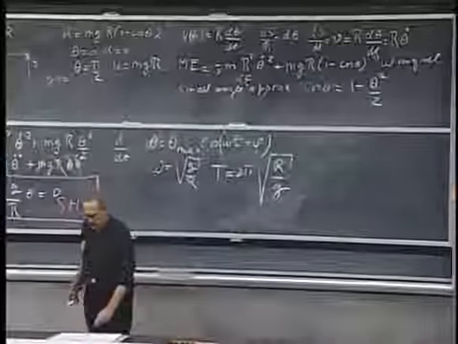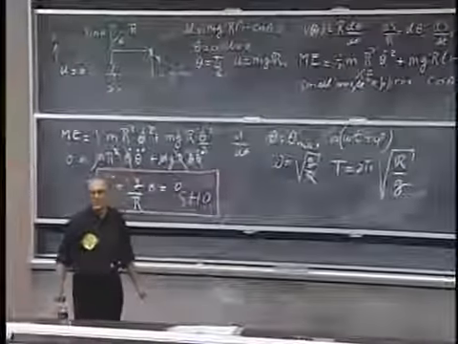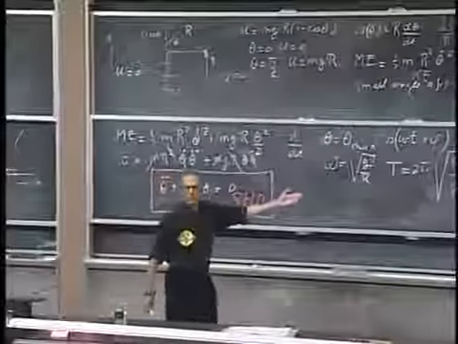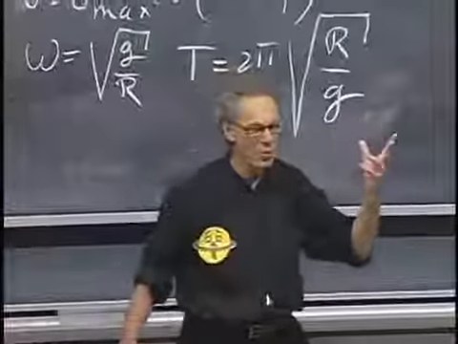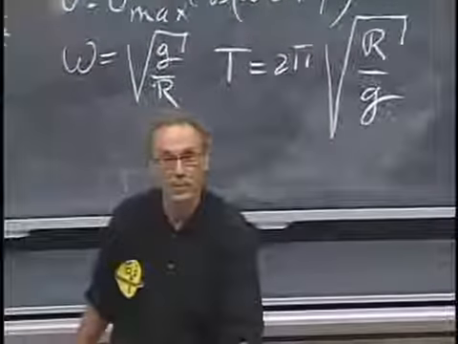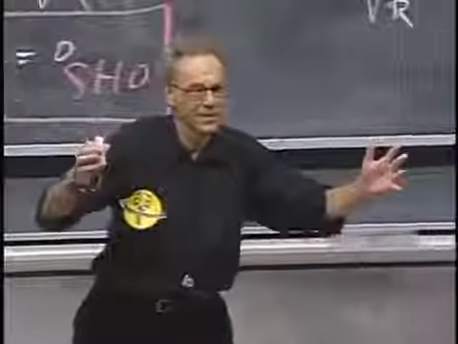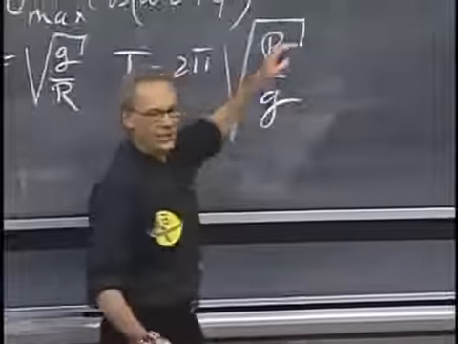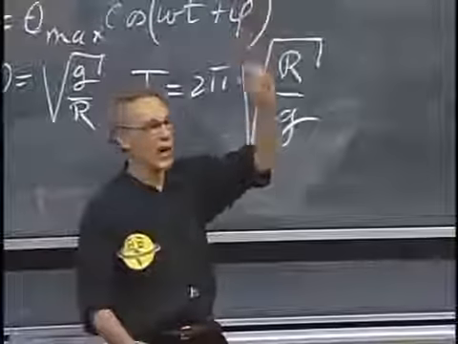And when you see that, you say, hey, I have seen that before. Where have we seen this before? Almost a carbon copy of something that we have seen before. What is it? Pendulum. We had a pendulum whereby we had length L of a massless string. We had an object m hanging on the end.